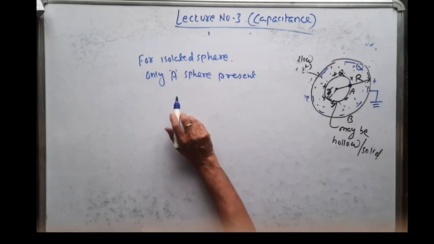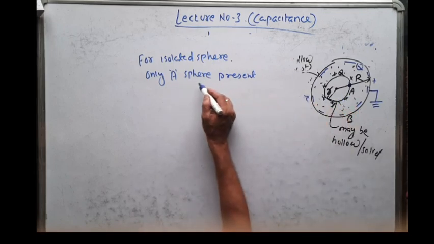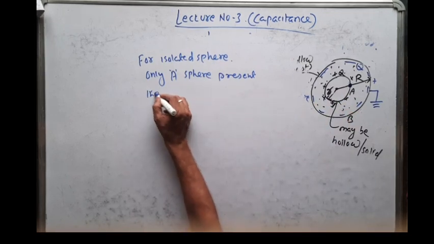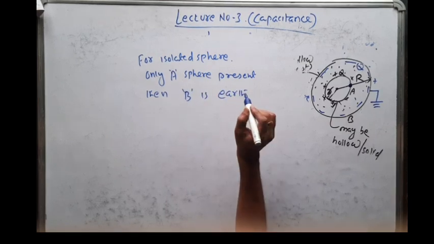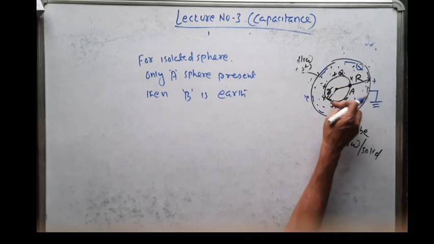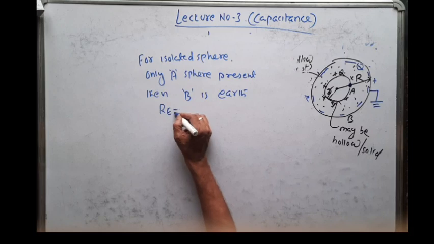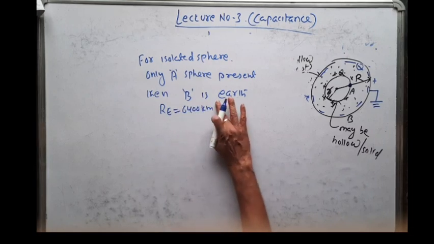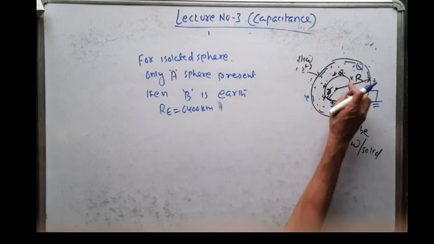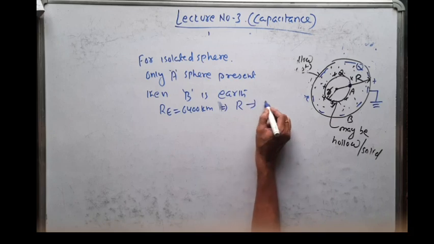But we know for a capacitor there must be two plates. So if A is the spherical conductor, then the other conductor B is the earth. So for an isolated conductor, the second plate is treated as earth. But what is the radius of earth? It is 6400 km, which is very much greater than the radius of a normal sphere. So we can say the radius of earth tends to infinity.